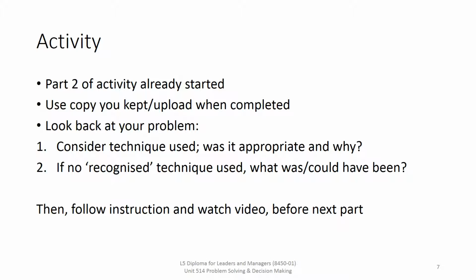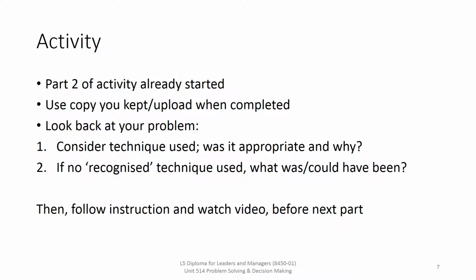So the activity is part 2 of the activity we've already started. You kept a copy, or should have kept a copy of the part 1 you did. If not, you can go and download a copy, I think, from what you've uploaded, and then add part 2. It's about looking back at the problem you identified and then considering which techniques that we've looked at you could use, or ones that you've researched yourself.